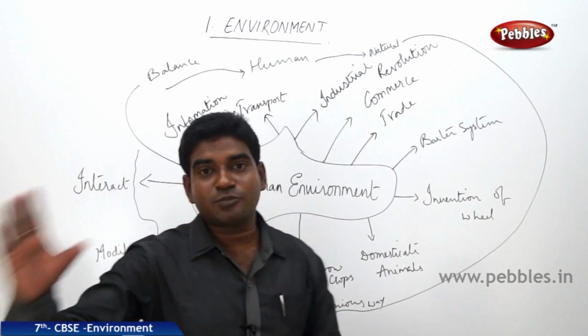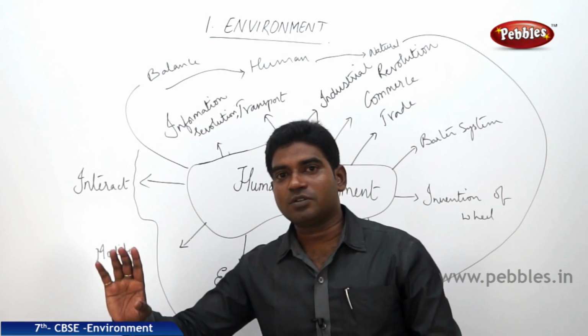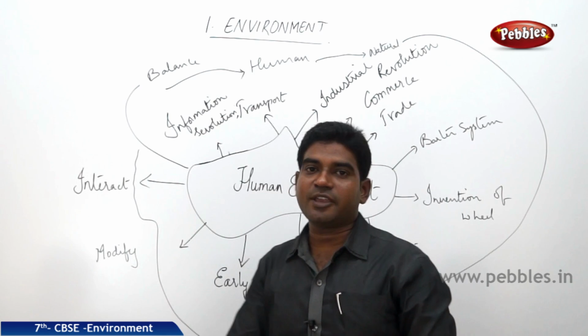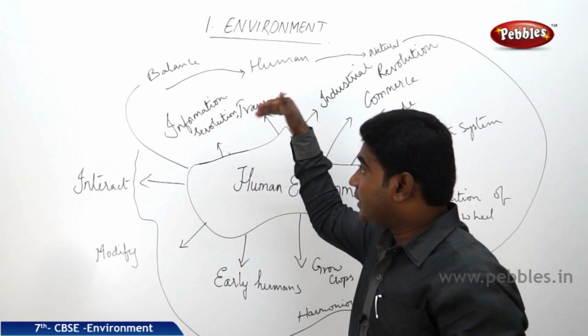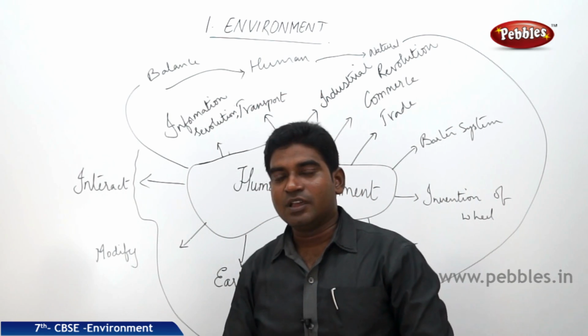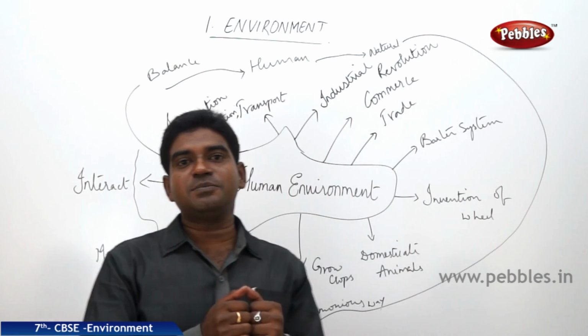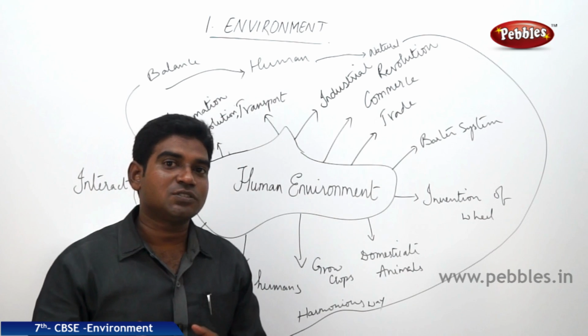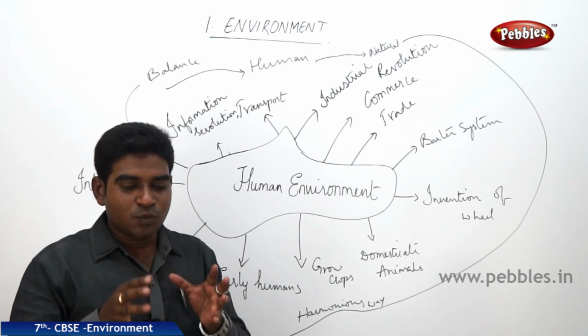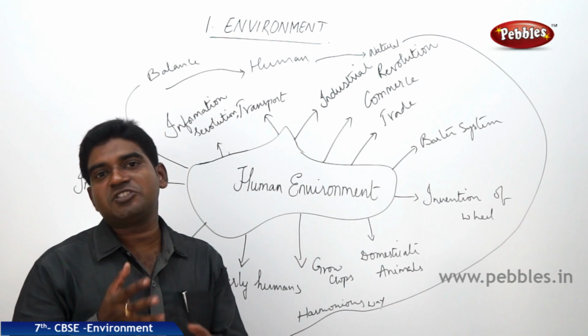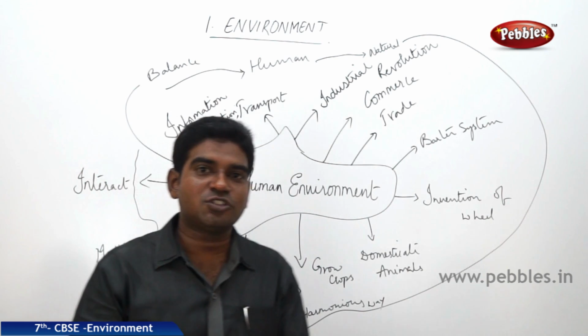Then we have transportation, which made it very easy for him to reach very far distances in a very short period of time. Then we have the information revolution. Today we are talking about internet connections, 4G SIMs, digital revolutions, Make in India concepts, which make it mandatory for everyone to interact with information, which is known as the information revolution.